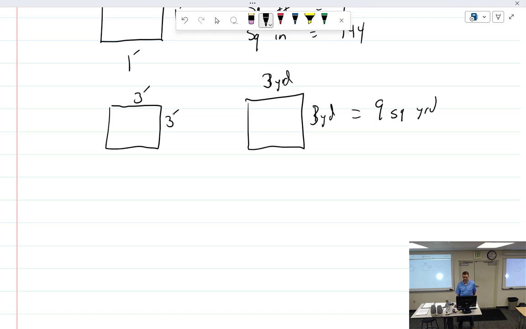If I want to convert that to square feet, what do I do? I think I'm going backwards on this.